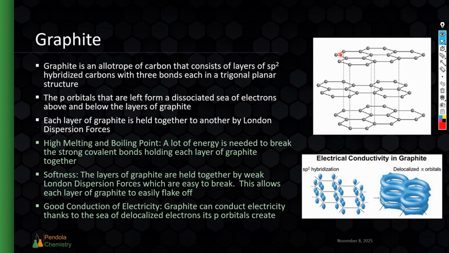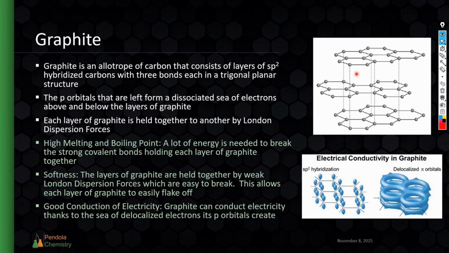Graphite is made out of layers of carbon atoms, these carbon layers that we just talked about, where the carbons are sp2 hybridized in trigonal planar shapes and have these p orbitals that delocalize. And so we have all of these layers of carbon with delocalized electrons above and below them.